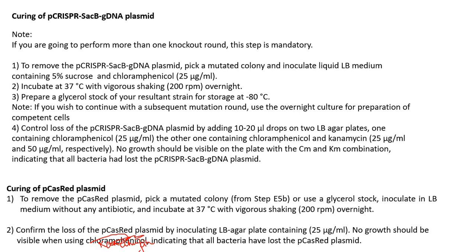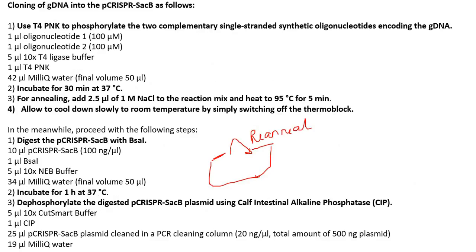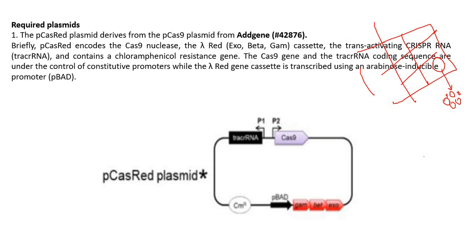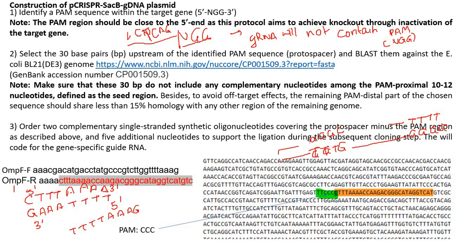So that's how you can perform the workshop in your lab. What you have to do is order these two plasmids from Addgene or directly get them from Dr. Grandy.